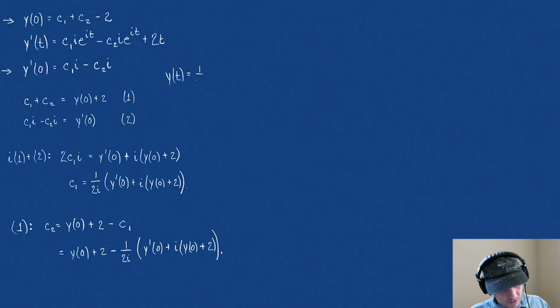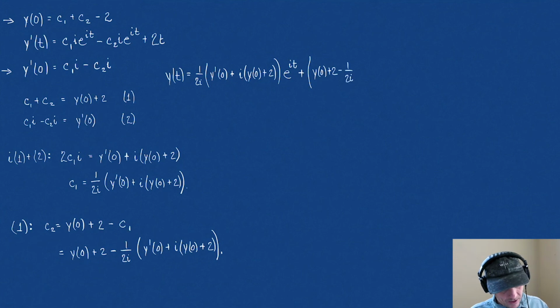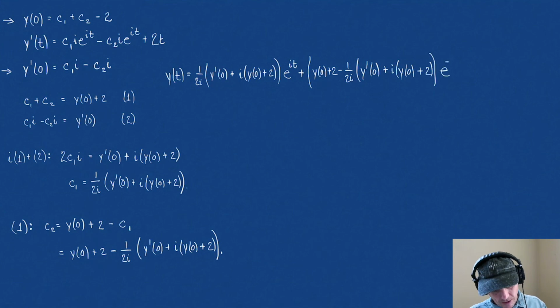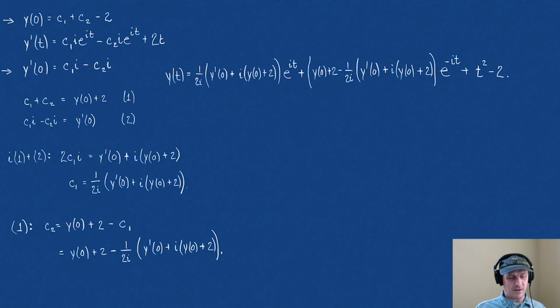That is 1 over 2i times y prime of 0 plus i times y of 0 plus 2, times e to the i t, plus c2. c2 is y of 0 plus 2 minus 1 over 2 times i times y prime of 0 plus i times y of 0 plus 2, e to the minus i t, plus our particular solution, which we said was t squared minus 2. And there is the complete solution to our differential equation.